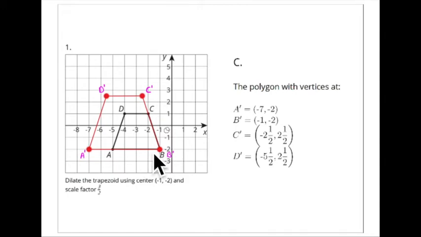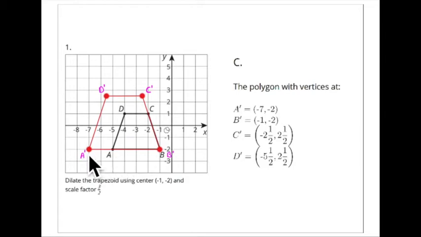So for example, if this whole length is 1, 2, 3, 4 units, 1/2 of that is 2 units, 2/2 are 4 units, and then another half, so 3/2 times 4 is 6 units.